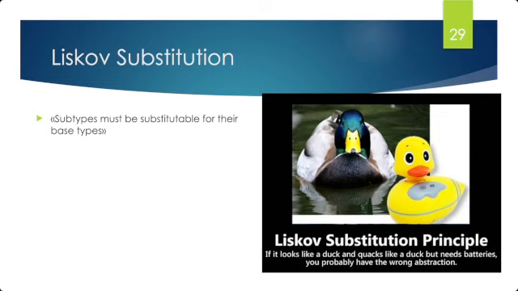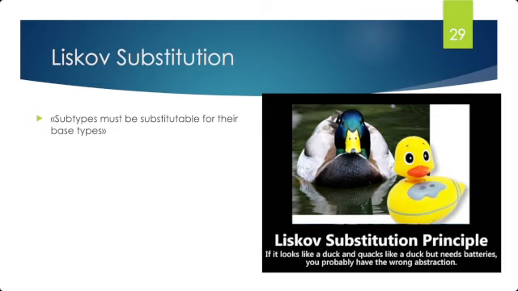In simple words, if class B extends class A, you should be able to use B instead of A, and the program should still work correctly. Look at the image. You can see a real duck and the rubber duck. They both look like ducks, but the rubber one needs batteries to work. It's not a real duck, it breaks expectations.